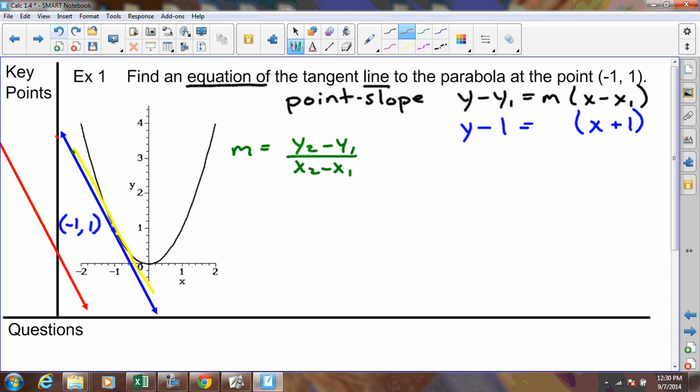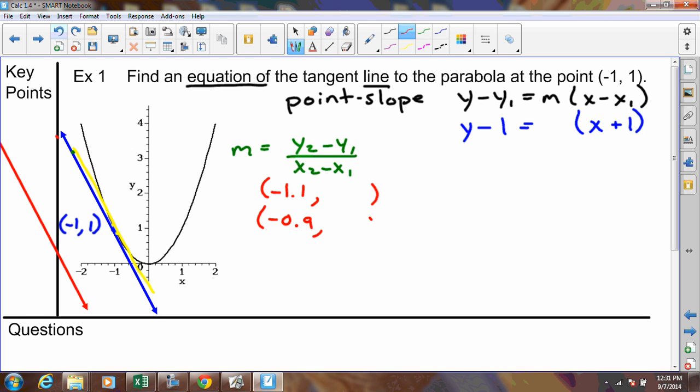So what I mean by this is, for our x2 and x1, we could use a piece that's wrapping around the -1. We could use, say, -1.1 for one point, and we could use -0.9, the two numbers that are a little bit to the left and a little bit to the right. This is one way that we can do it.